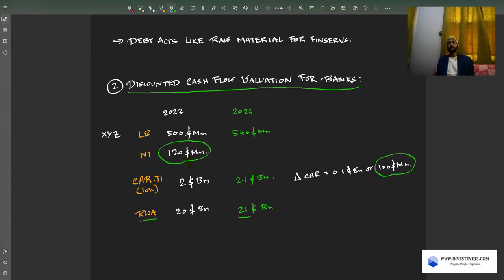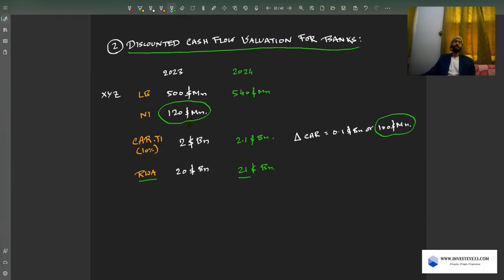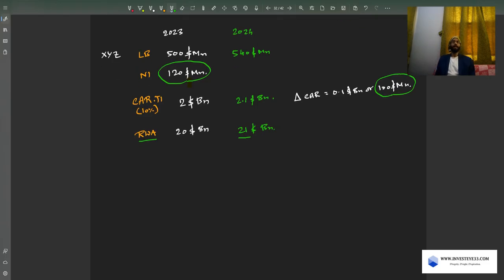So we calculate the free cash flow of this bank in the year 2023 as net income minus reinvestment required. This is equal to 120 million minus 100 million, or $20 million.